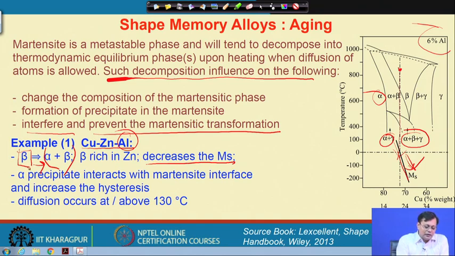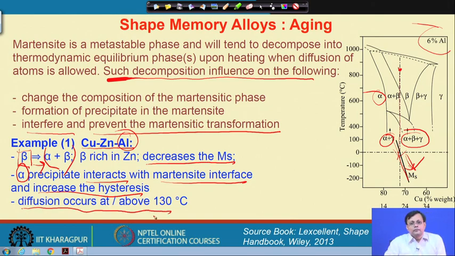Now, if alpha precipitates, this alpha phase appears and interacts at the martensite interface, it will simply increase the hysteresis, because it will retard the transformation or reverse transformation, and here the diffusion easily occurs at or above 130 degree centigrade, and that is the reason the copper zinc aluminum system is not recommended for, let us say, high temperature shape memory effect.